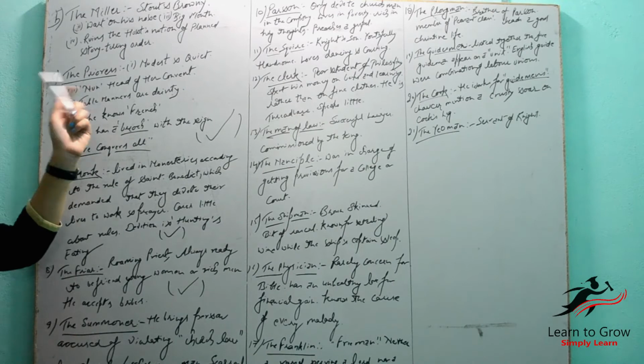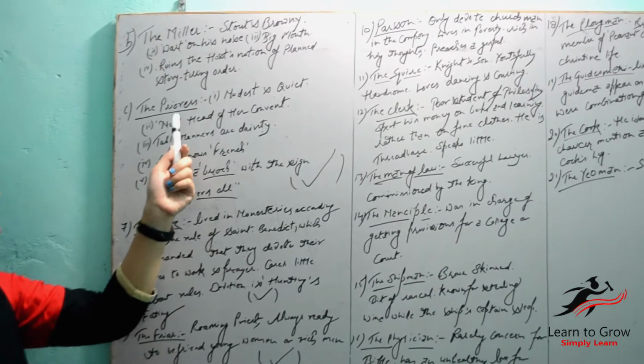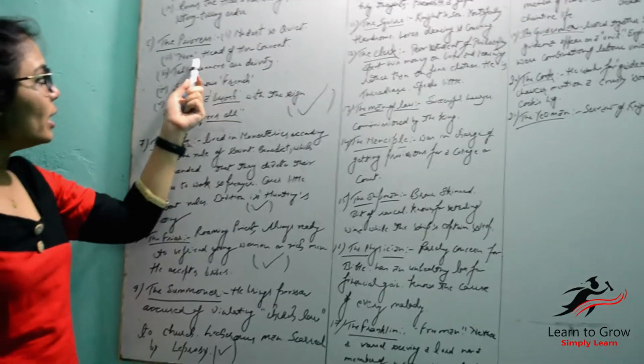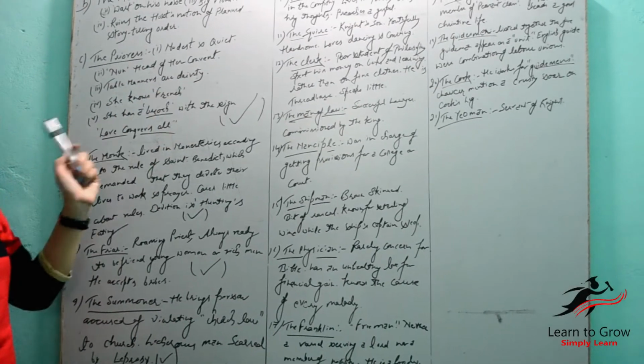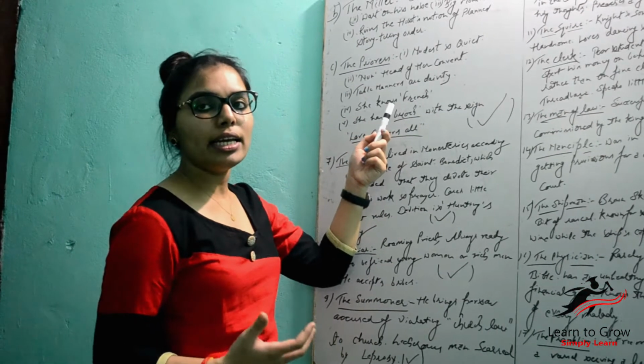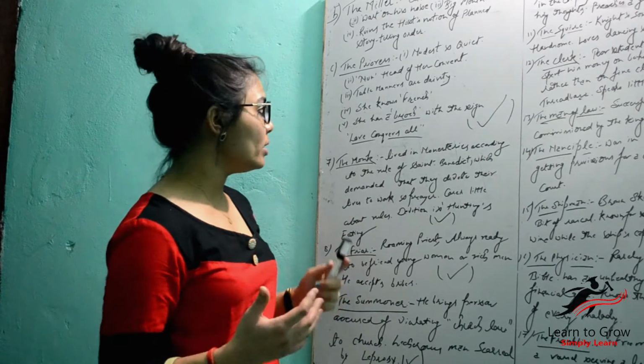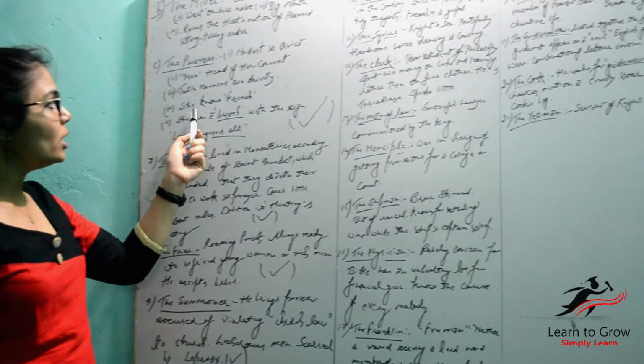And the 6th character is the Prioress. She is modest and quiet. Who is the Prioress? The Prioress is the nun who is head of her convent. She knows table manners very well, and she is dainty in her table manner. She behaves in a very good manner while she is having dinner or lunch at her table. She knows French.